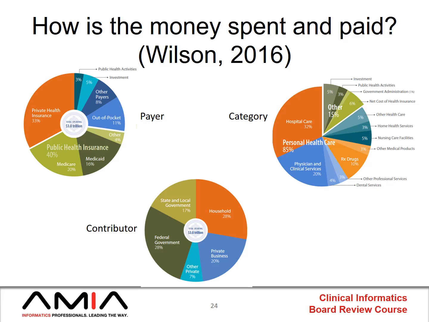We then look at the contributors to the cost, be it from governments, households, and businesses, and then the category of spending, which mostly goes to personal health care, and half of that is made up of hospital care and physician and other clinical services, another 10% drugs, and then a variety of other categories of cost.